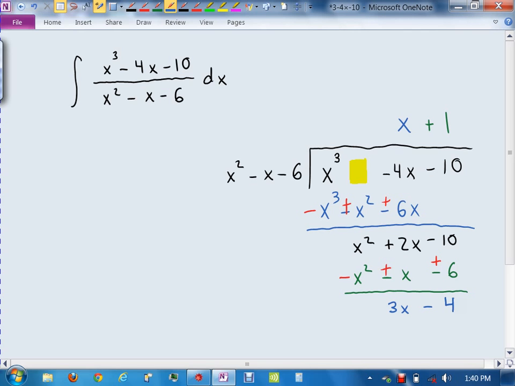So this is where I stop long division, because the power of what's down here is smaller than the power here. I have x squared there. So that's where I stop. That's my remainder. My remainder is not a number now, it's actually a linear expression. So what I would do is write plus, I'm going to have to go sideways here, 3x minus 4 over my divisor, x squared minus x minus 6. Follow that? Sorry, it's off the board.